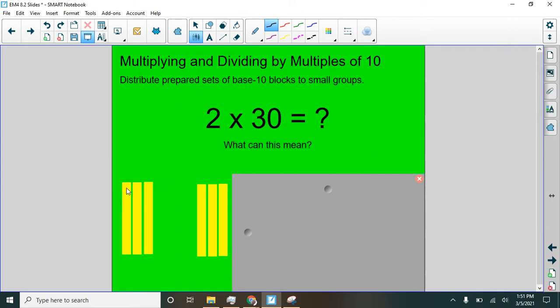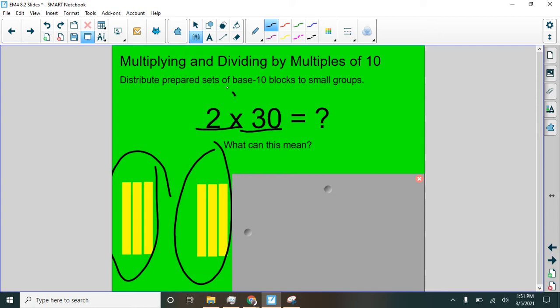And you can see our base 10 blocks down here. Remember that each one of these blocks counts as 10, right? These are divided into 10 little cubes. So we have a group of 30 and another group of 30. 2 groups of 30. This is a visual representation of 2 times 30.